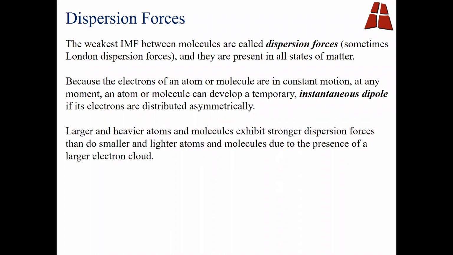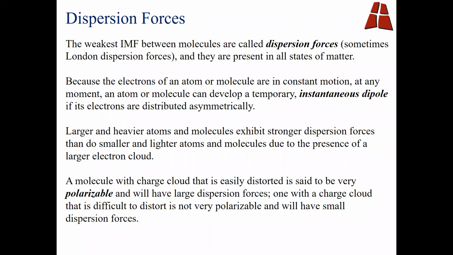The larger or heavier our molecule gets, the stronger the dispersion forces will be. So atoms that are small or light will not have strong dispersion forces, whereas something very heavy like, say, mercury will actually have a large electron cloud and thus large dispersion forces.